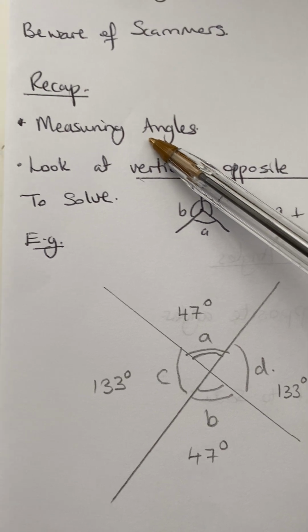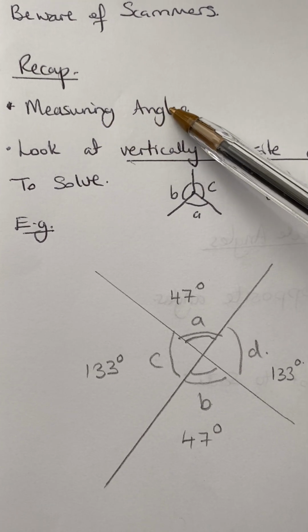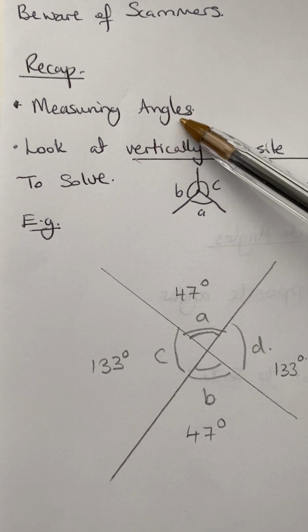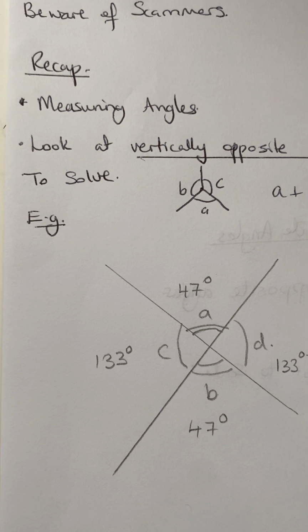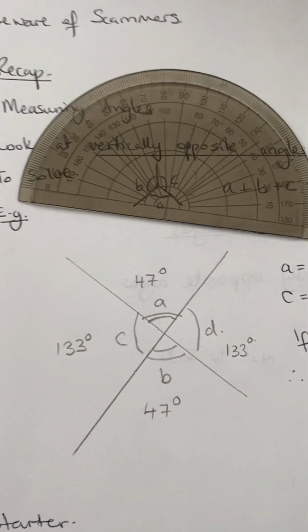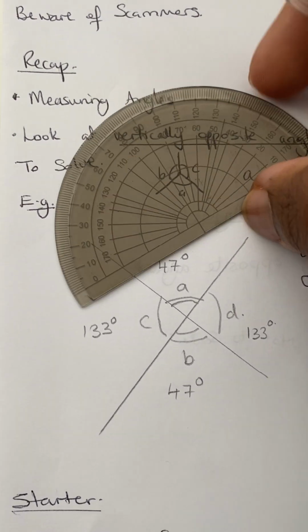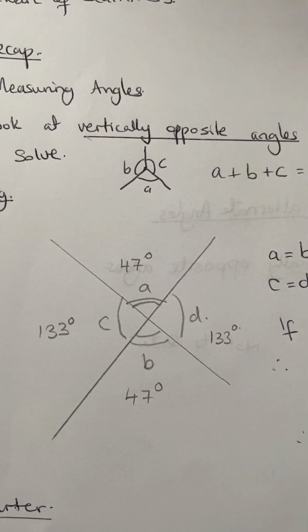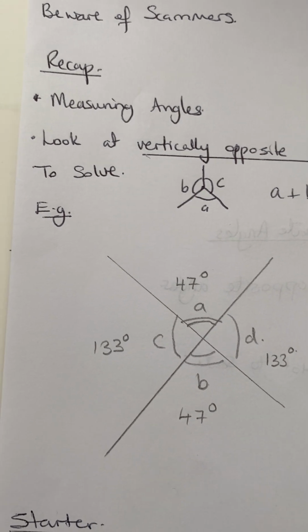Now, recap from the last lesson. I helped you use the protractor to measure angles. In case you haven't watched the last video, I think there was also a video where I used the protractor, the pie charts.